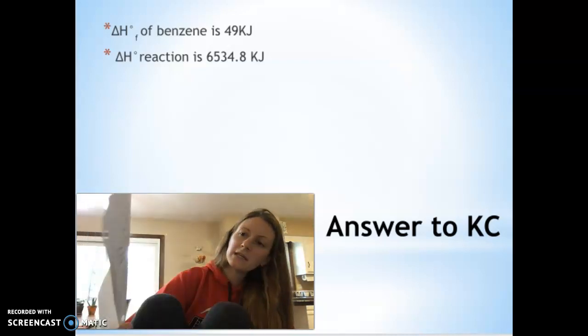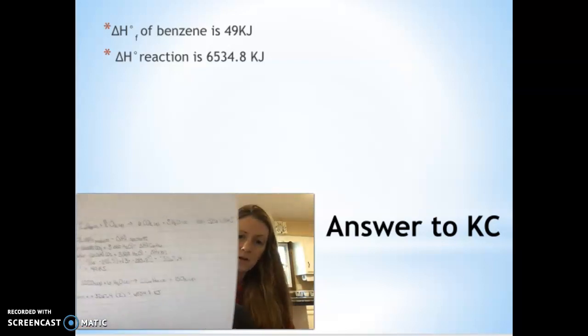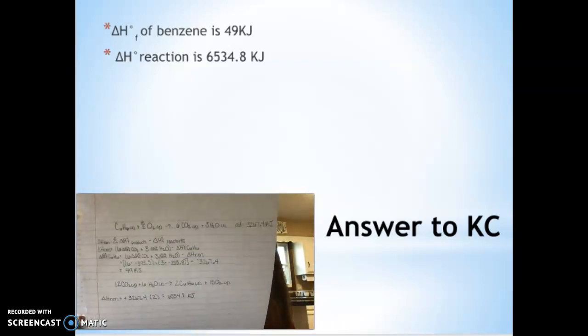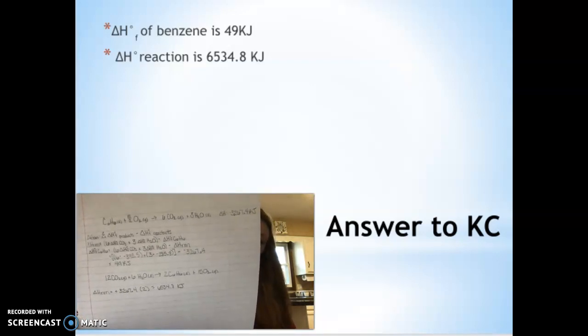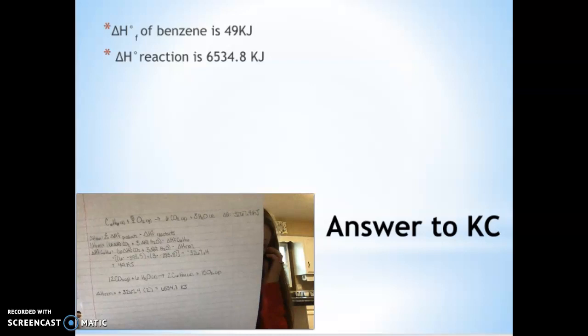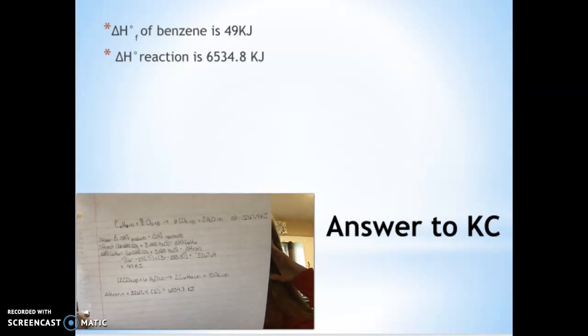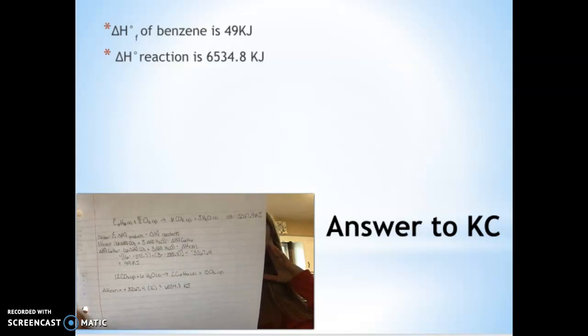So in this case, it's the heat of formation of H2O plus the heat of formation of CO2 multiplied by their coefficients, so 3 and 6. You have to put those in parentheses because you need to solve for that first, and then you subtract it from your reactants, which were O2, in its standard state, which can be ignored, and benzene, which is what we're trying to solve for.